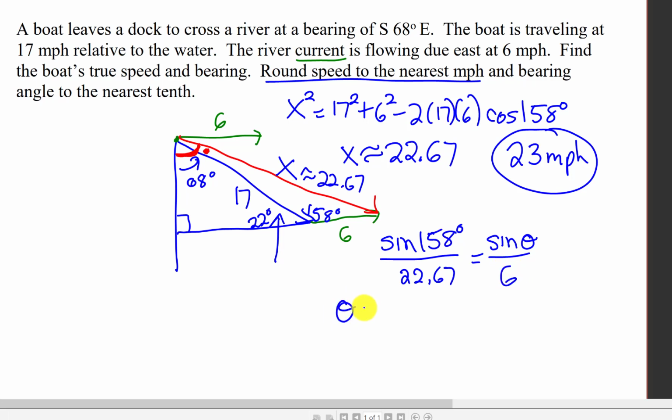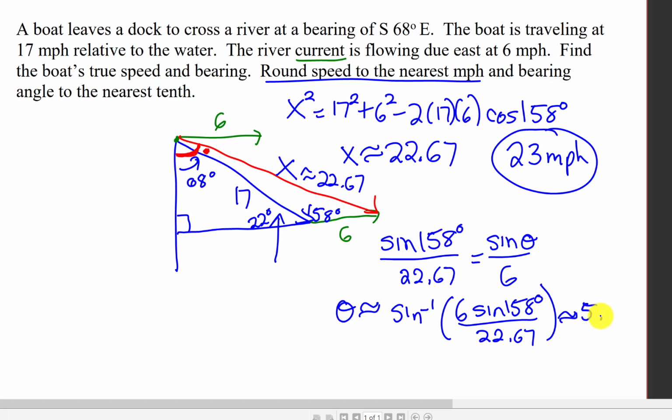So theta is going to be approximately, on the calculator, inverse sine of 6 sine of 158 over 22.67, and that gives me about 5.69 degrees. Okay, that was the little red dot.